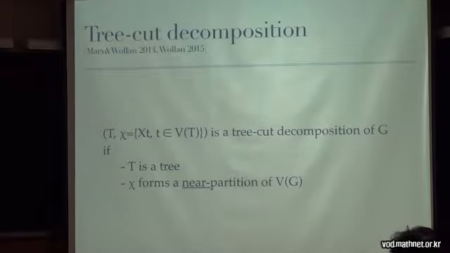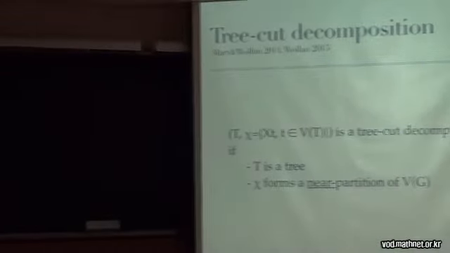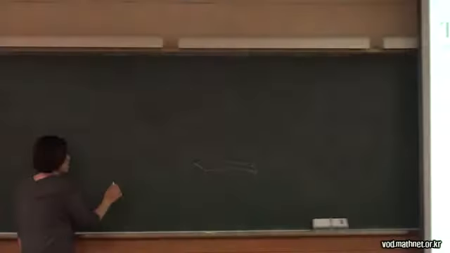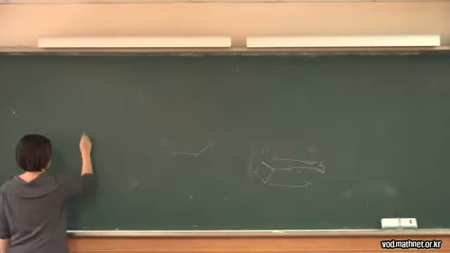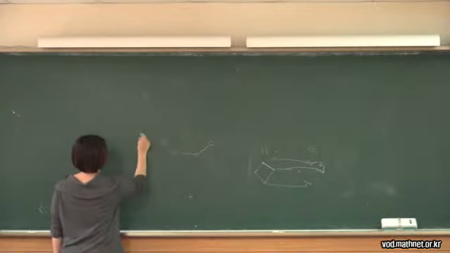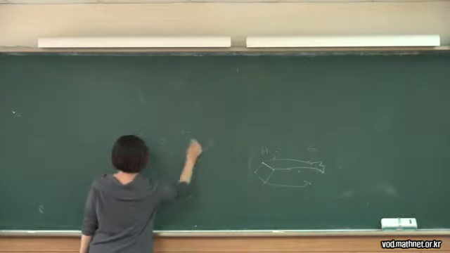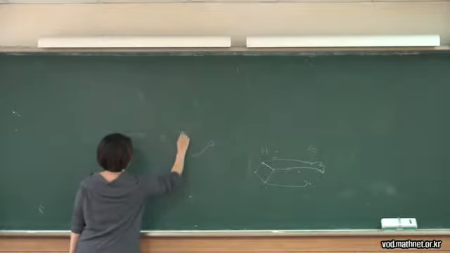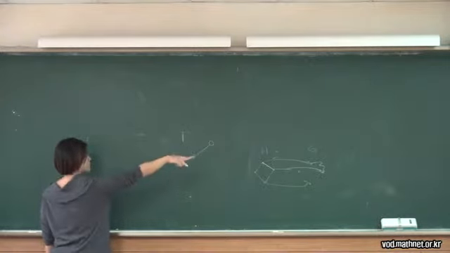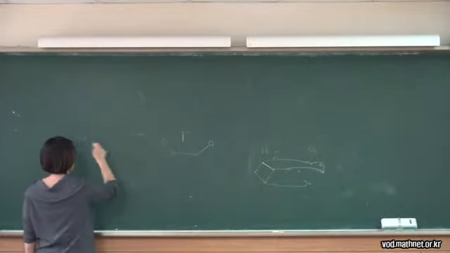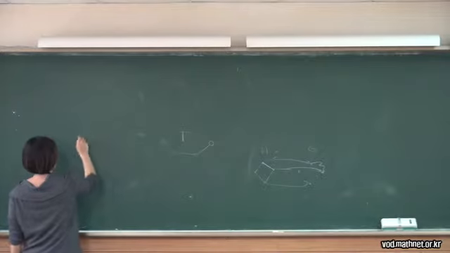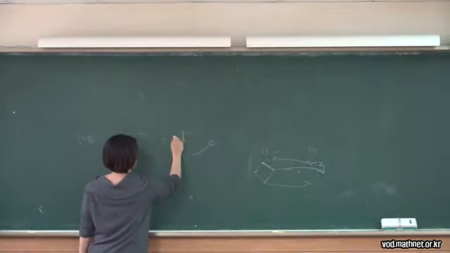Yeah, so another way to understand it is, given a tree T, a tree-cut decomposition is a mapping from G to the tree T. So chi can be understood as a mapping from the vertices of G to the nodes of the tree.